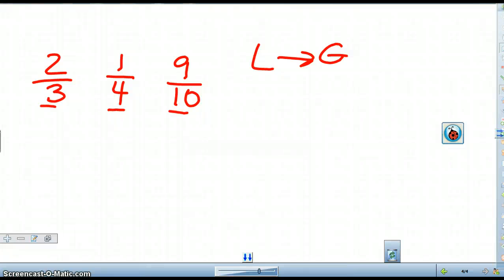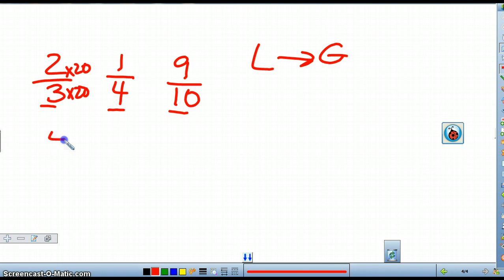Okay, so we did some work and we found out that a common denominator between 3, 4, and 10 is 60. And so for a 3 to become 60, we're going to have to multiply it times 20.